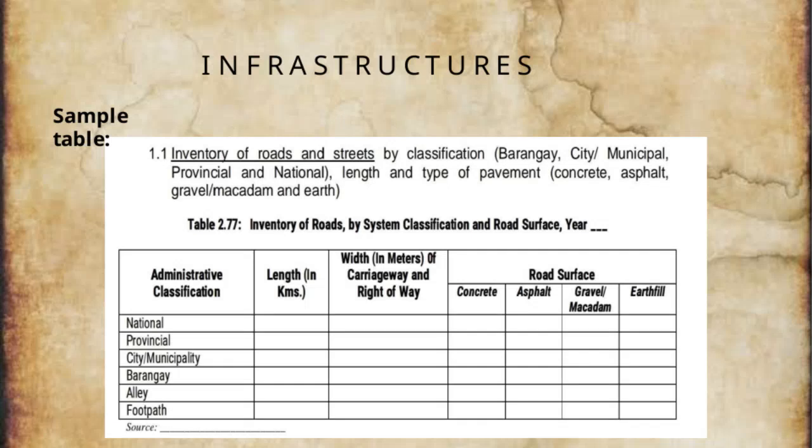Let's take a closer look at this sample table focused on infrastructure. As you can see, the table is structured to give us a clear overview of different infrastructure components. It's a simple but effective way to organize information, making it easier to analyze and compare key elements. This kind of table helps us identify where our strengths and gaps are, and it's a useful tool for strategic planning.